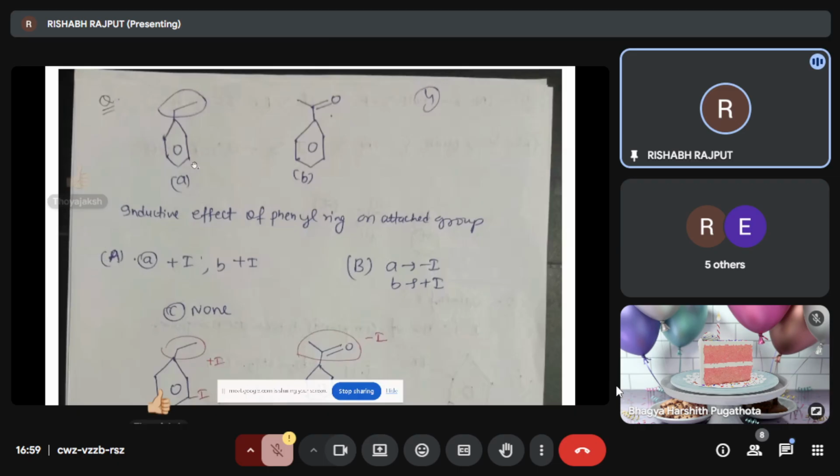Guys, please see. This phenyl group is connected with a two-carbon alkyl group. What is the meaning of this?